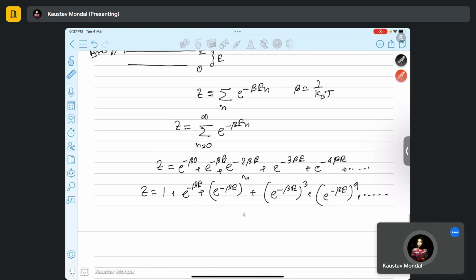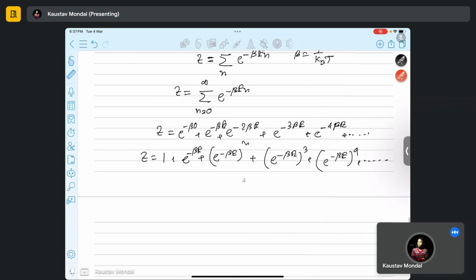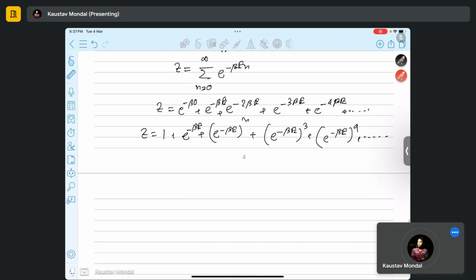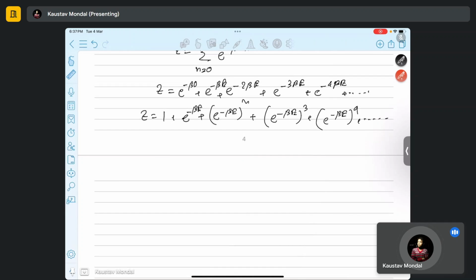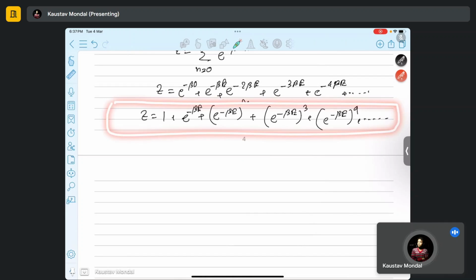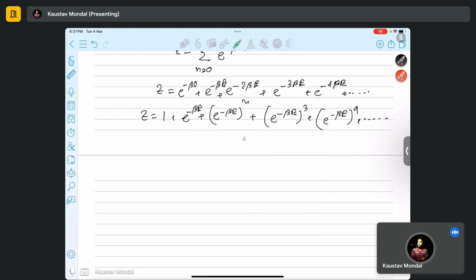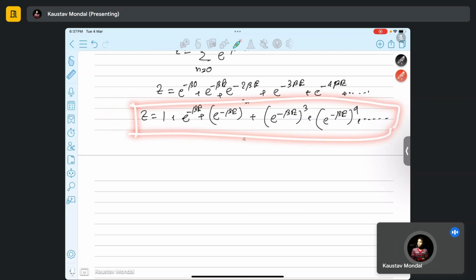Now what should we do? You can use a property of a geometric series, right? We can use the summation of an infinite geometric series here.